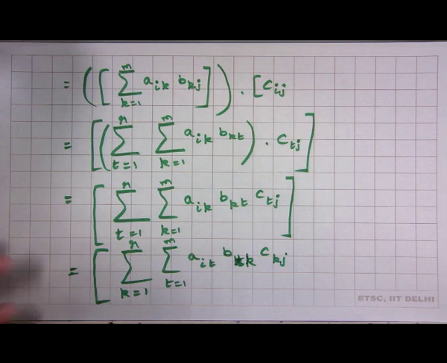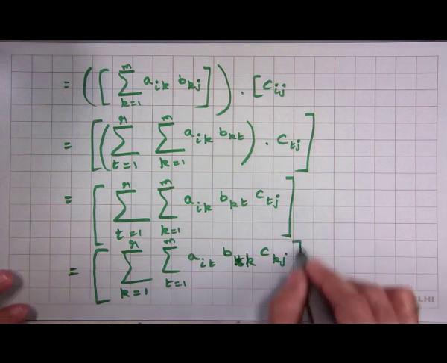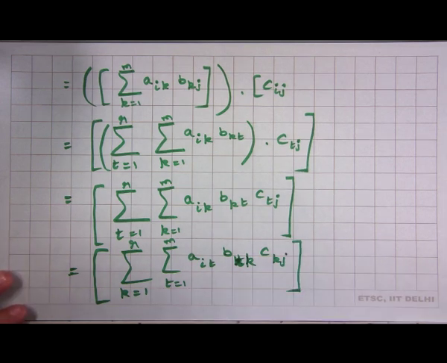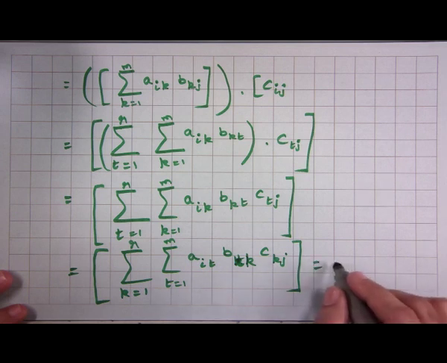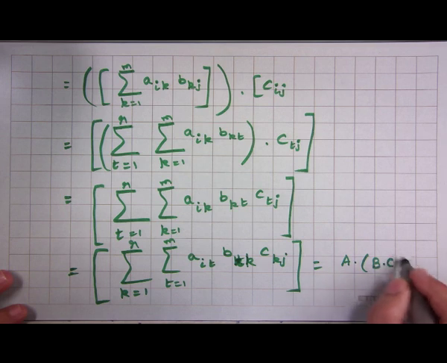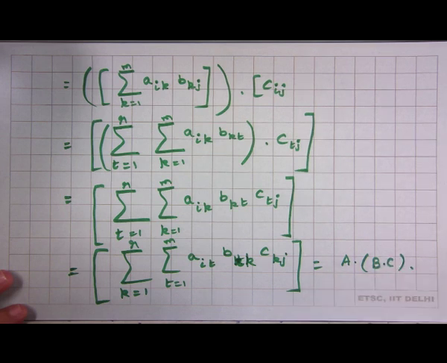This is what I have. Now, just look at the expression that we had last time, and you can notice that this is exactly the same as A dot B dot C. Thus, we have shown that the matrix multiplication is associative.